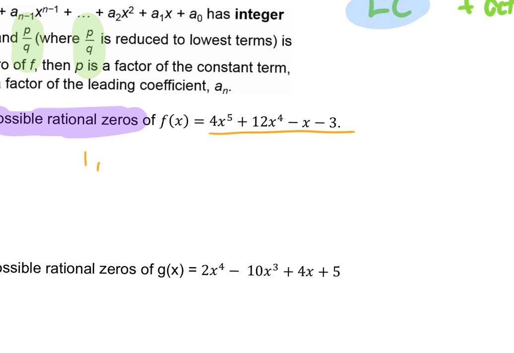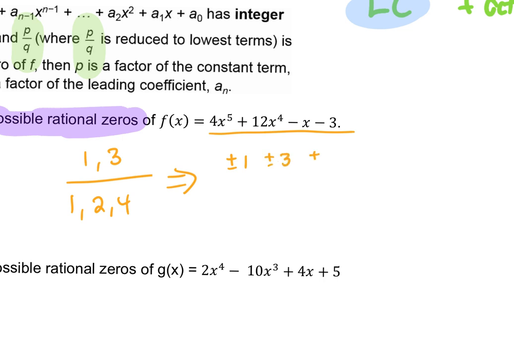Okay. So in the numerator, we need to think of all of the factors of 3. So in the numerator, we would have 1 and 3. In the denominator, all of the factors of 4. So think about that. That's going to be 1 and 2 and 4. Only now we've got to write this as a list because we also have to consider, I want to put each of these numbers in the numerator over each of the numbers in the denominator. So this is saying I want to consider positive and -1 and positive and -3.